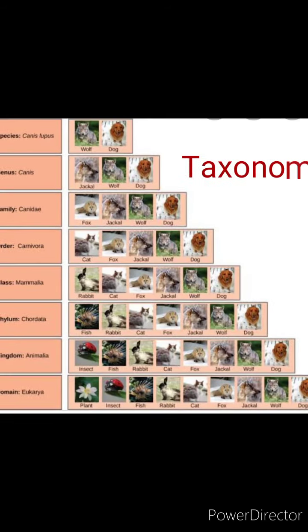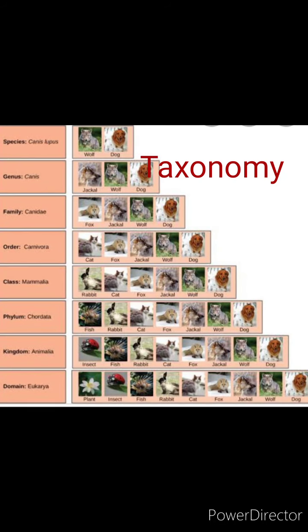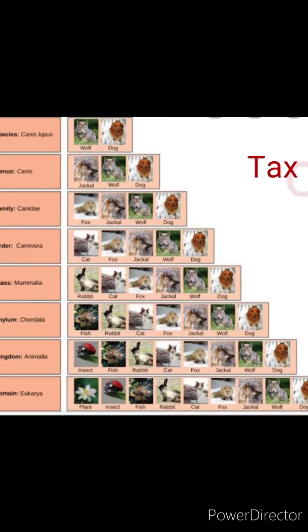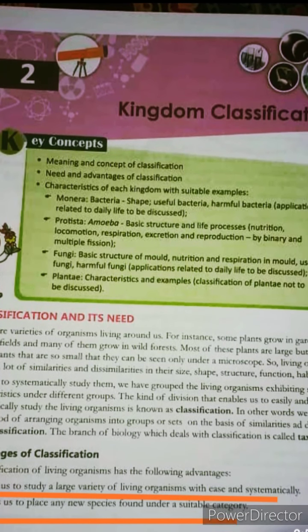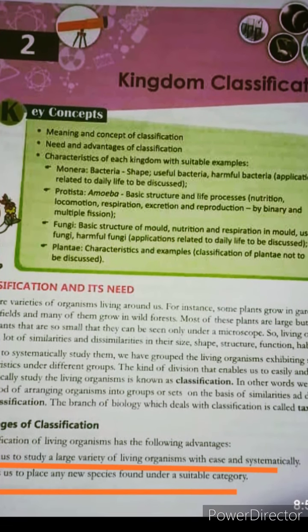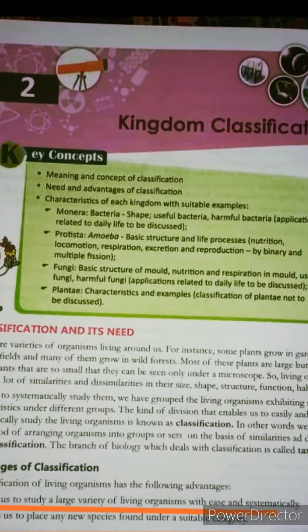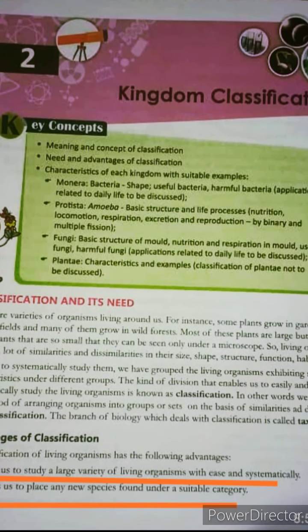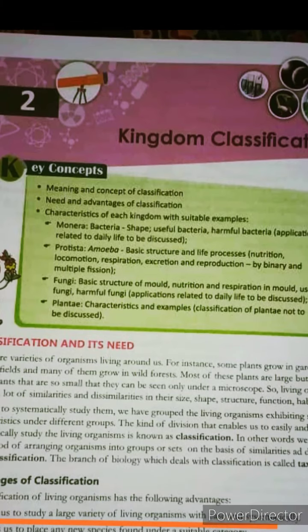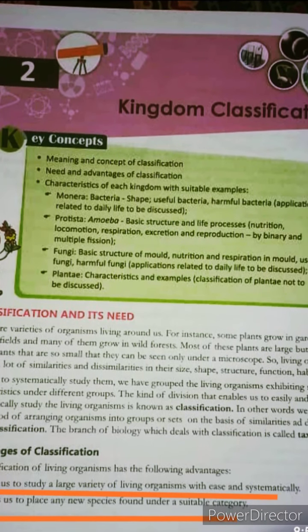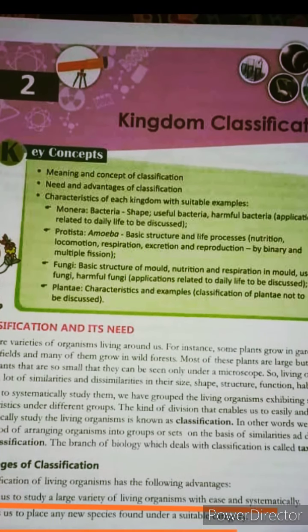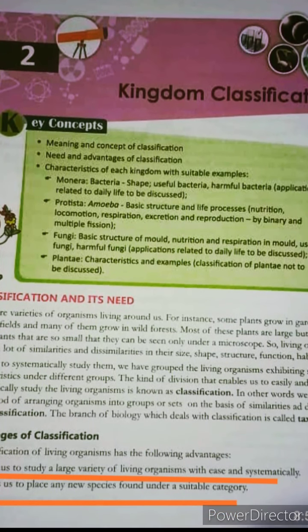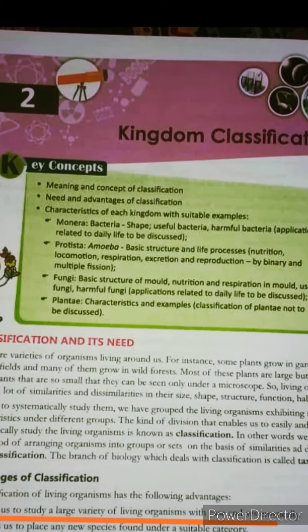So this kind of classification helps us to understand and study living organisms. The branch of biology that deals with classification is called taxonomy. You can see in the picture. Proceeding to the advantages of classification, it helps us to study a large variety of living organisms with ease and systematically. If they are arranged in groups, it will be very easy for us to understand their characteristics.